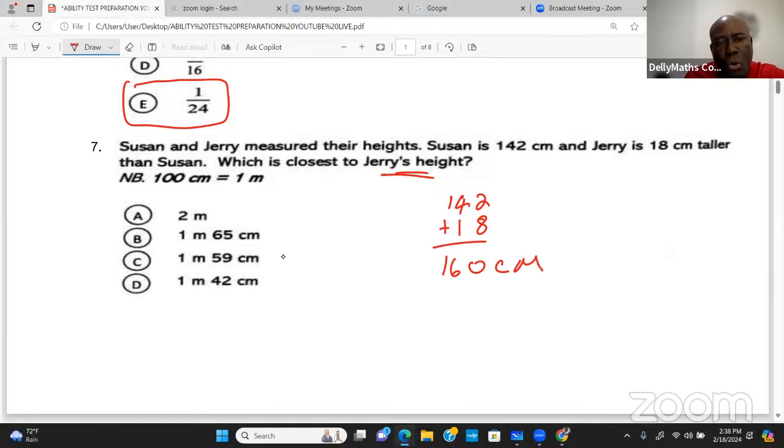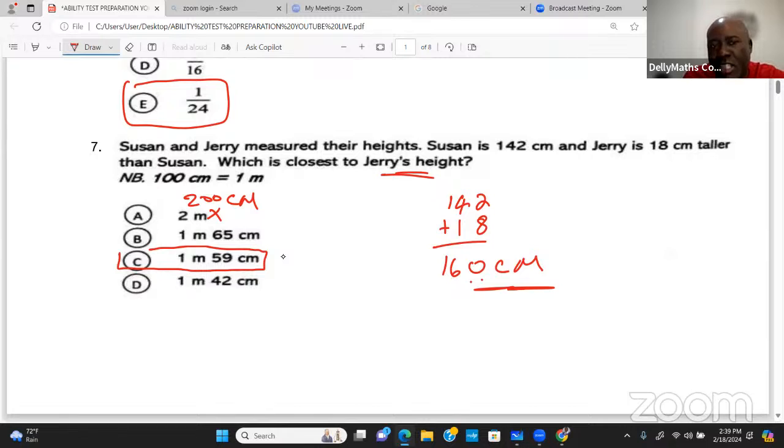So what we want to do is to make sure that the answers we're picking are within context, right? So centimeter. This is way off. That's meter right there. This is about 200 centimeters. So we want to pick something very close to 160 centimeters. The closest to that I'm seeing would be 159.